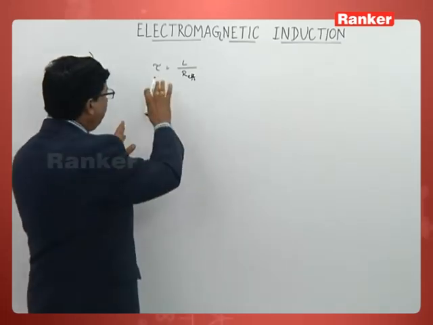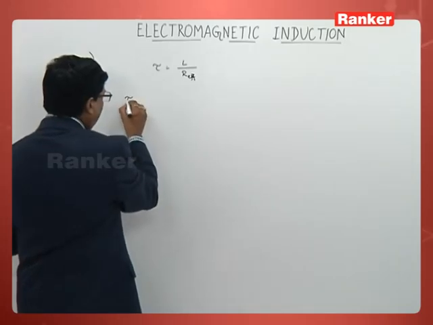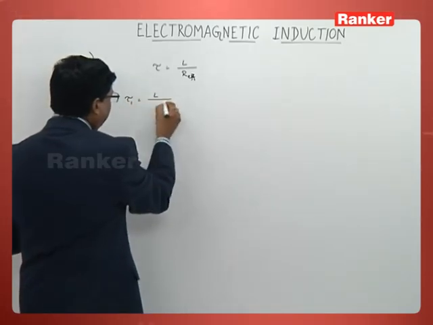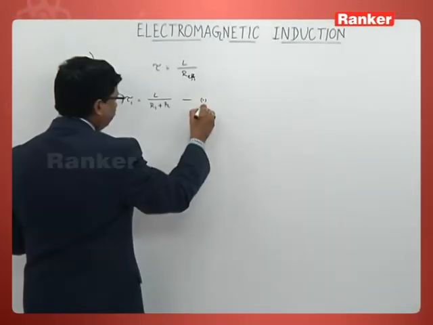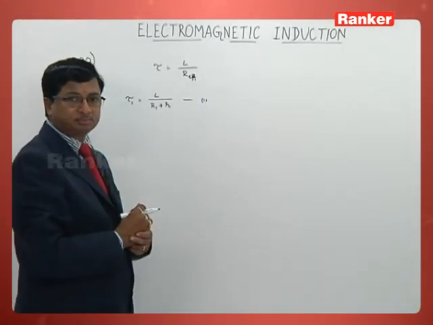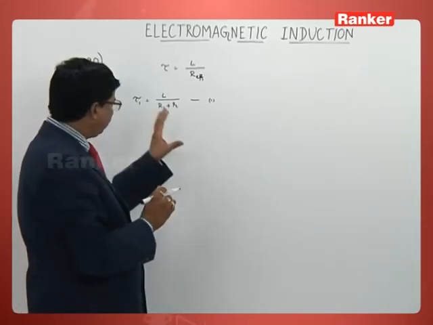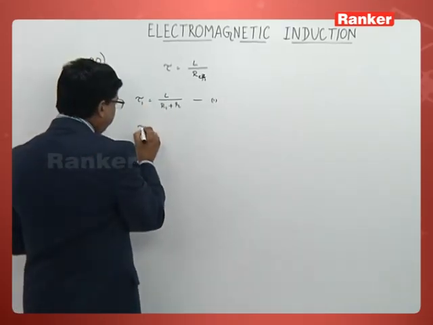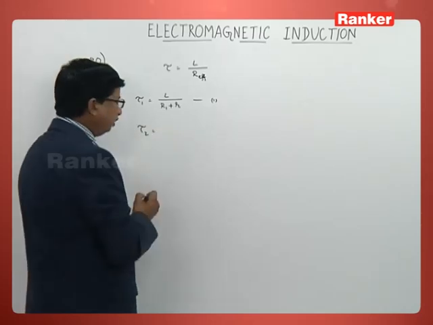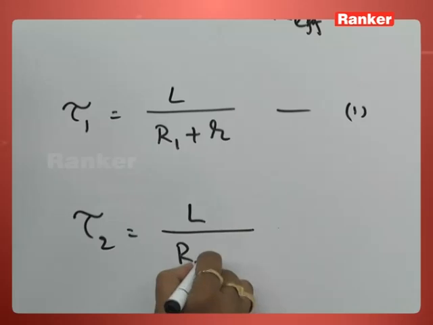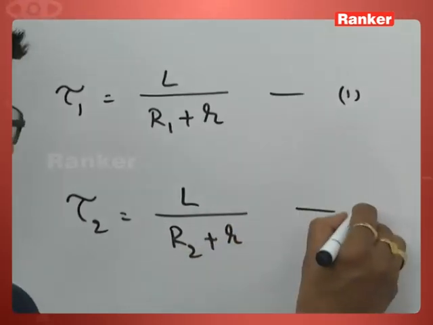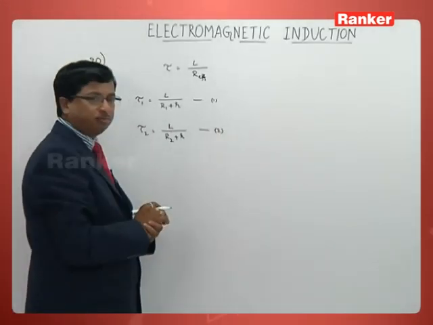So what can I write according to this? Tau 1 will now be L by R1 plus r. That's my first equation. In the same manner, the second time constant, tau 2, is L by R2 plus r. That's my second equation.